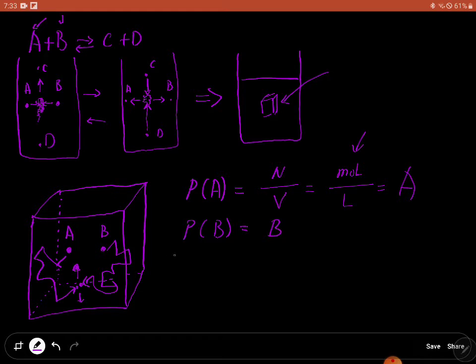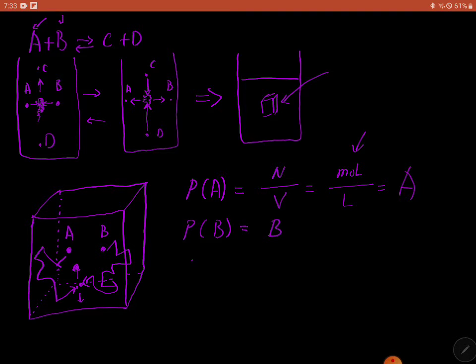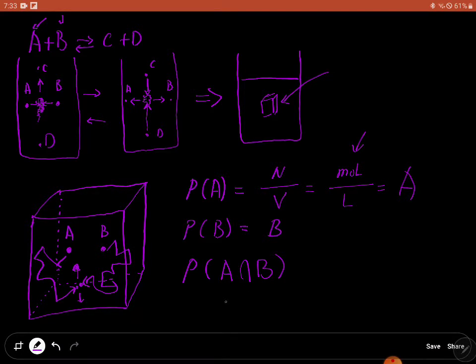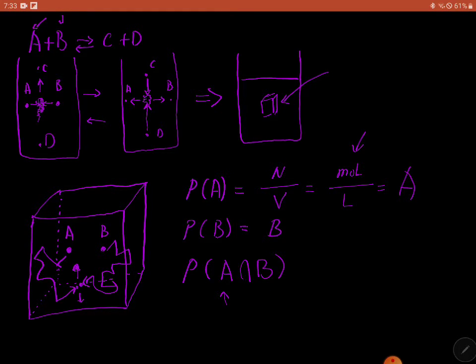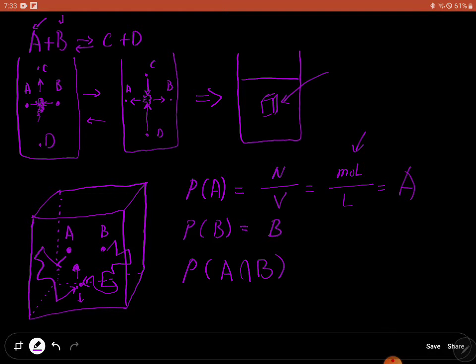Okay, and then there's another very important concept: in order to make a chemical reaction, element A must be present in a certain space together with element B. In other words, the event of A must occur together with the event of B. On this point, let me quickly introduce the independence or dependence of the events.